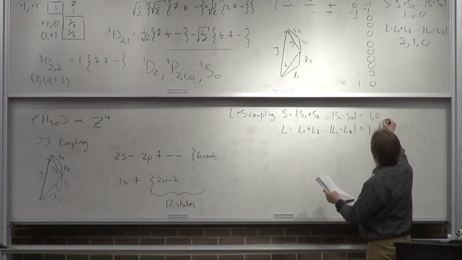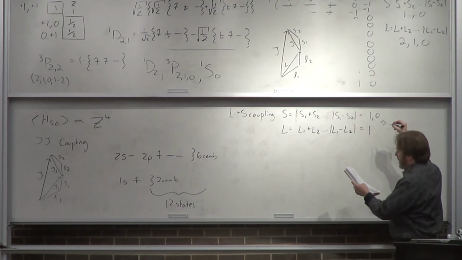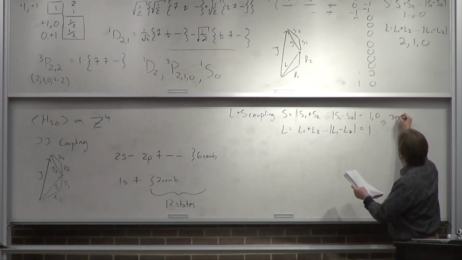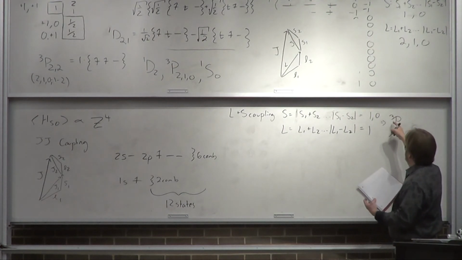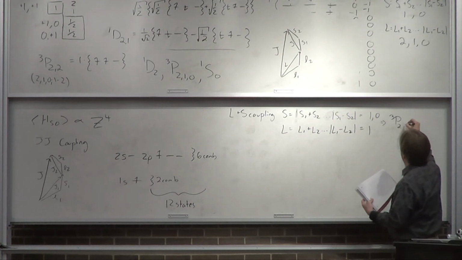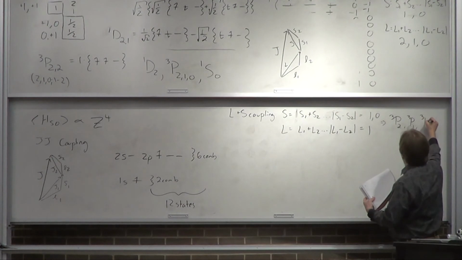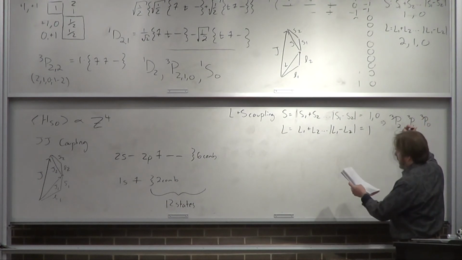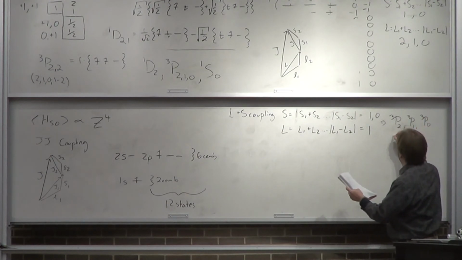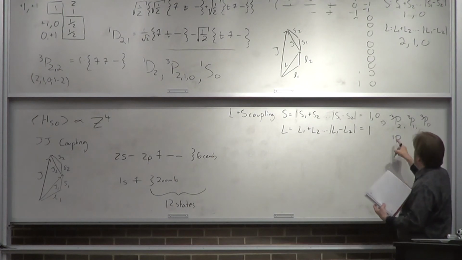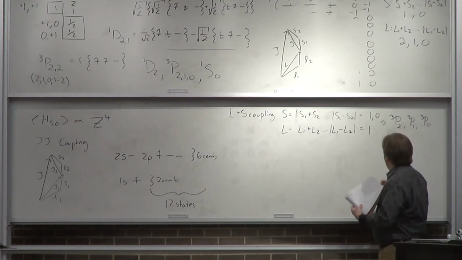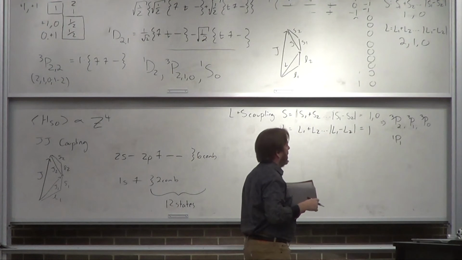Therefore, what I've got is a triplet p, 3P2, 3P1, 3P0, and then I've got a singlet p, 1P1, and 1 plus 0 is 1, 1 minus 0 is 1.